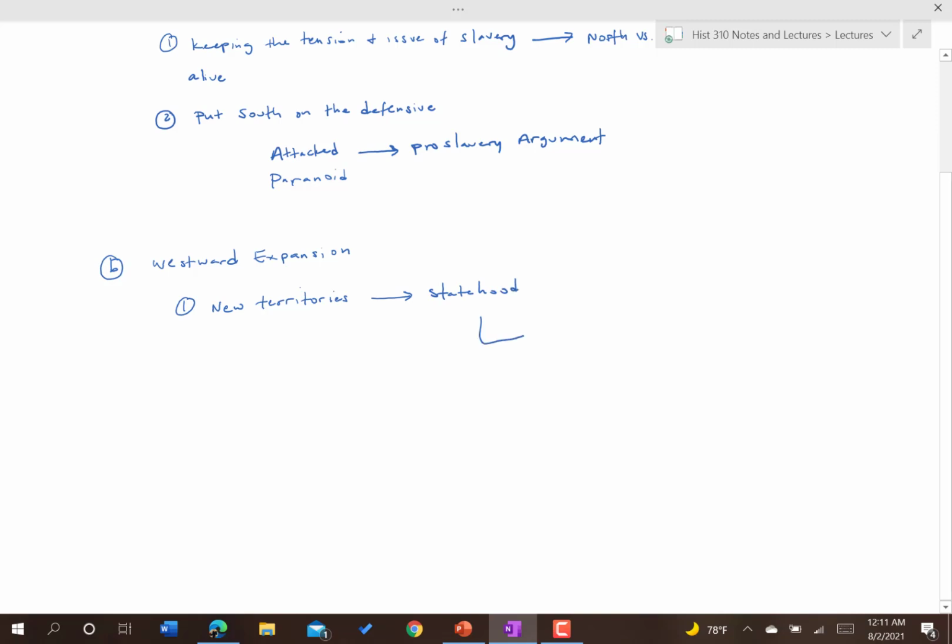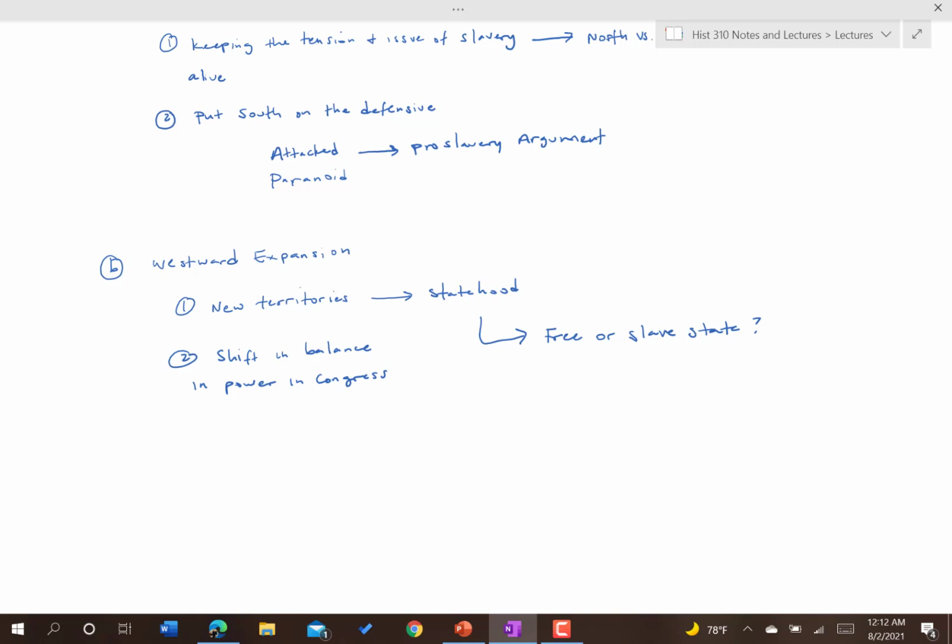And with statehood comes free or slave state. That was a concern, because ultimately the concern for both sides was a shift in the balance of power in Congress. Prior to all this westward expansion, you had an equal 15 slave and free states.